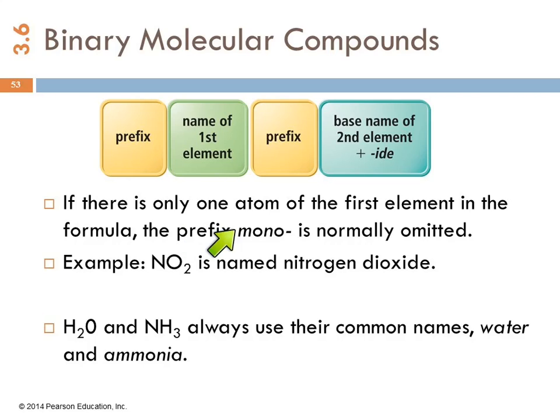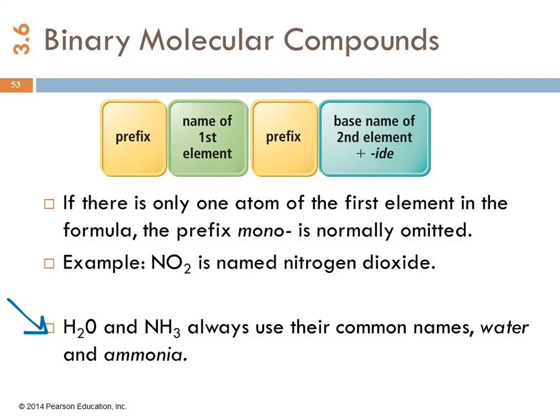Now, again, with the prejudice against the number 1, we extend that to the prefix mono. If there's only one of the first element, we don't put mono. So NO2, there's 1 nitrogen. We don't say mononitrogen, we say nitrogen dioxide. So NO2, nitrogen dioxide.